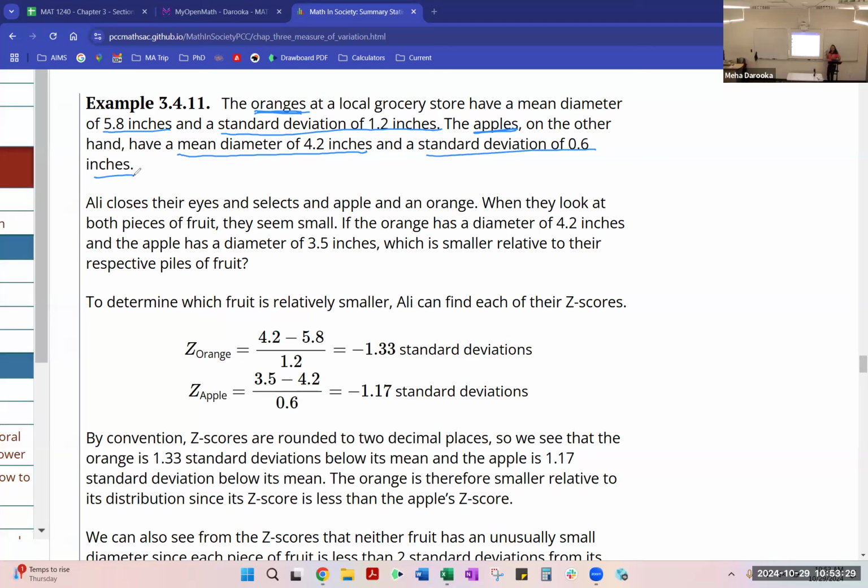So just by looking at the mean diameter between oranges and apples, which one is the larger fruit?